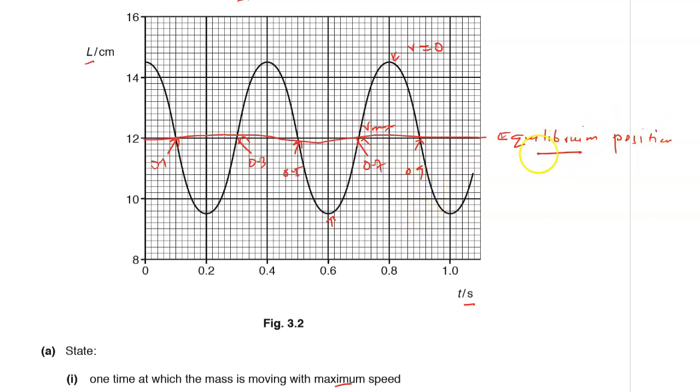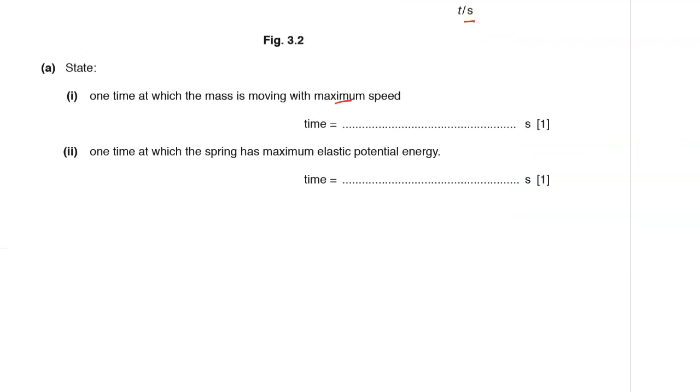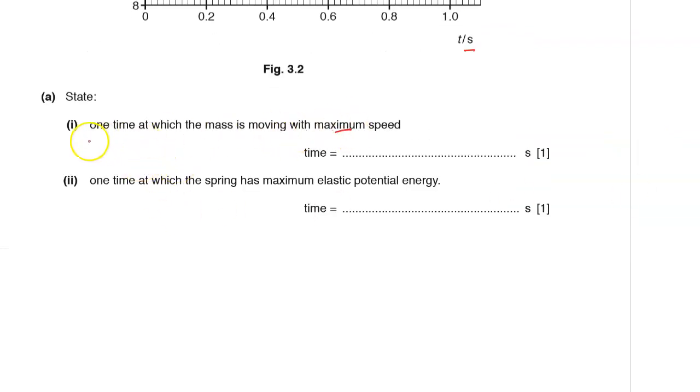Speed is maximum at the equilibrium position, and those equilibrium positions happen to be odd numbers: the timing will be 0.1, 0.3, 0.5, 0.7, 0.9.